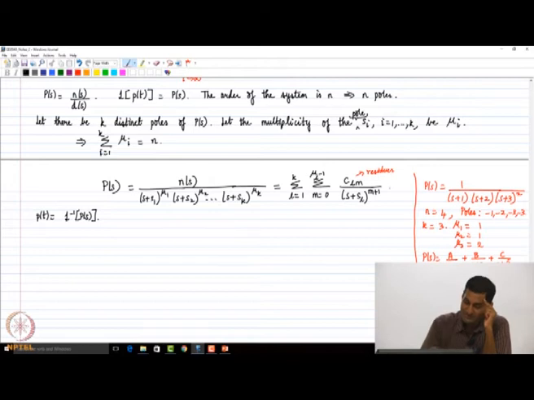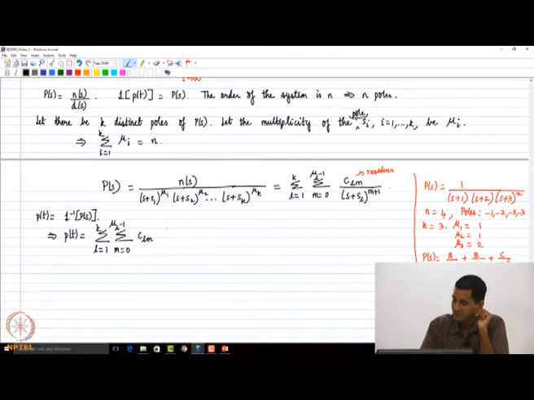So now I am going to generalize from here. This implies that p(t) is going to be equal to the summation over l equals 1 to k, summation over m equals 0 to mu_l minus 1, c_lm t^m e^(s_l t).